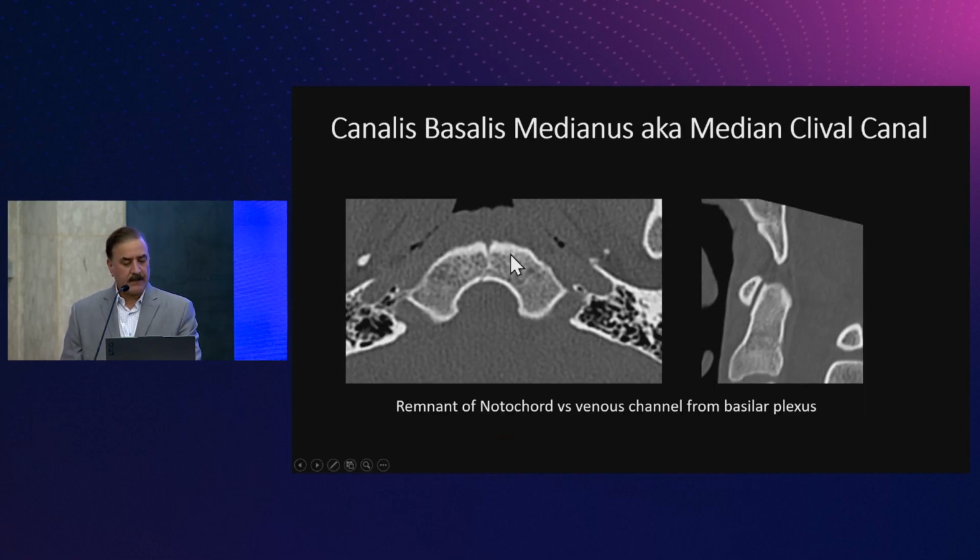There's a little divot in the anterior wall of the clivus right there, which is a linear line then extending posteriorly. So this is the canalis basialis medianus. That can be a remnant of the notochord, but others think that this is a channel for the basilar plexus.